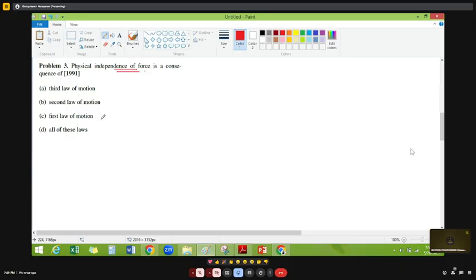So the first law is the theory here. Question is not 100% clear, but basically it says that only if you apply a force, there is going to be some kind of acceleration. Otherwise, it will remain in the state of rest or of uniform motion, meaning at constant velocity.